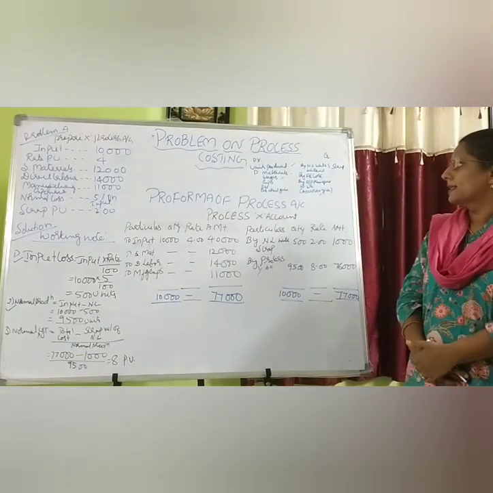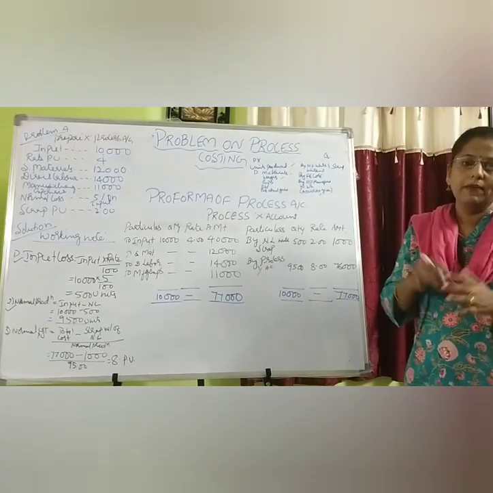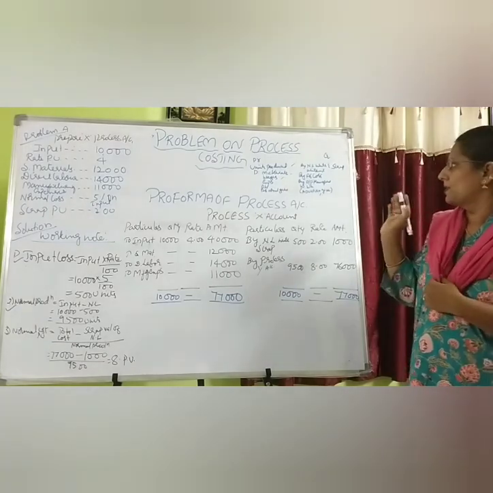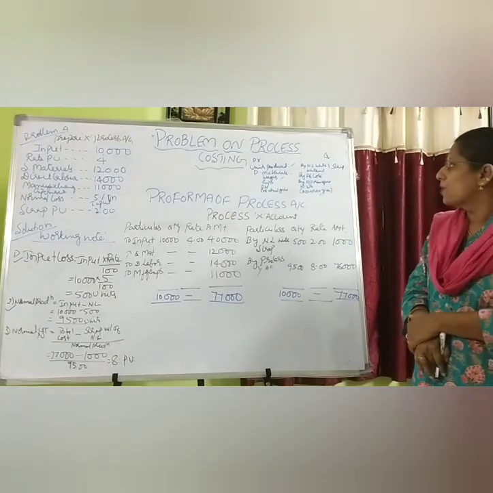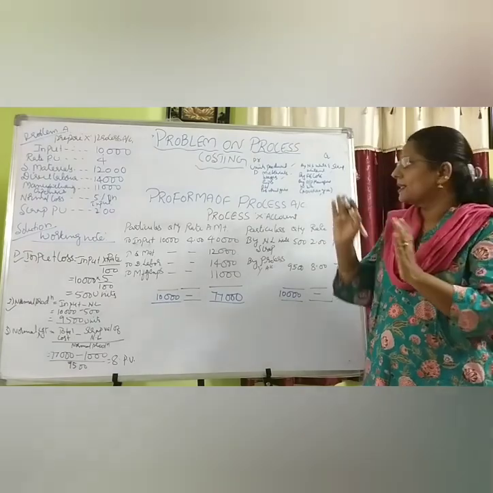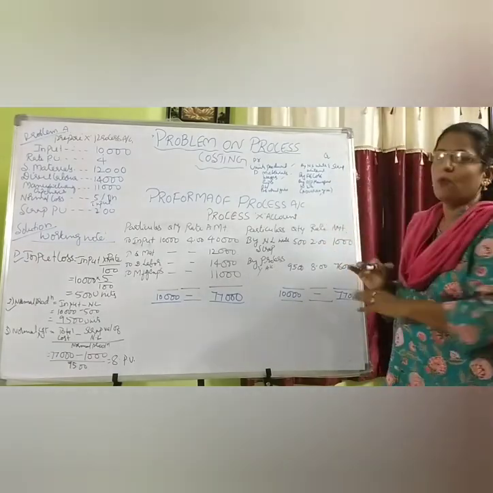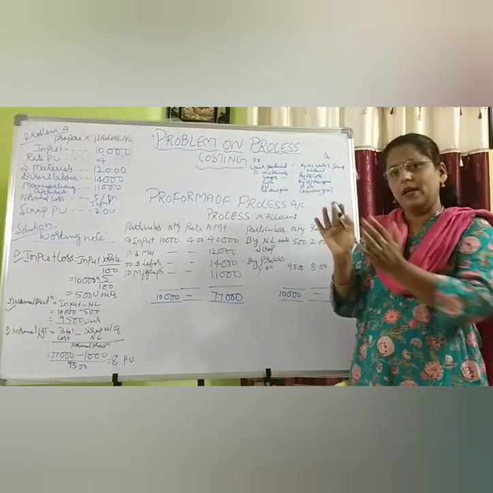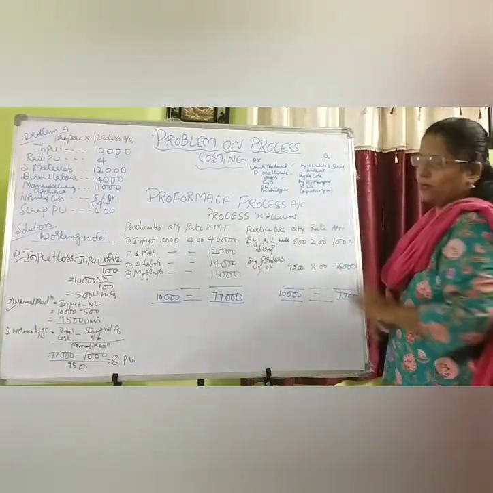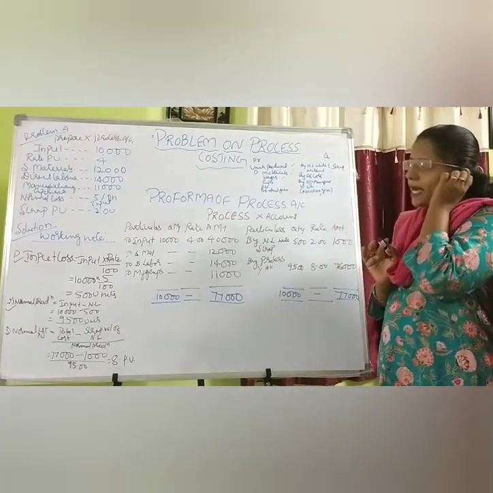Then we have to consider the output transferred to the warehouse, that is, output into the given percentage. These are the few items you have to take at the debit side and the credit side. Whatever difference we get, we have to transfer to the next process account. This is the simple way of preparing the process account.